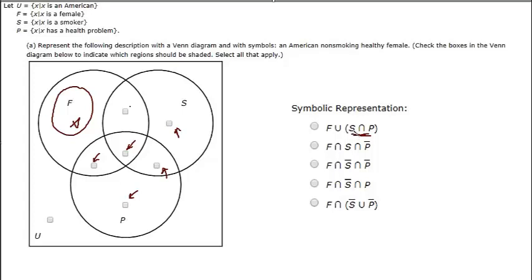This would be the intersection between a smoker and P. So intersection between smoker and P, that would be in this realm here. That's not us, so this one's out. Intersection of female and ours was a non-smoker, so you're out. Okay, so we're a non-smoker. Could be this one.